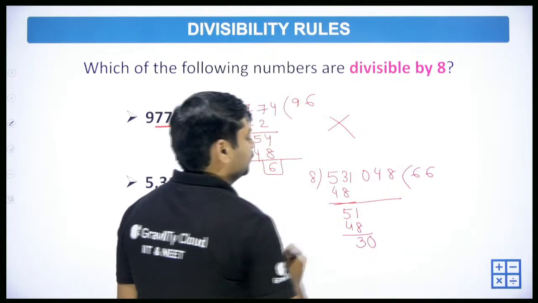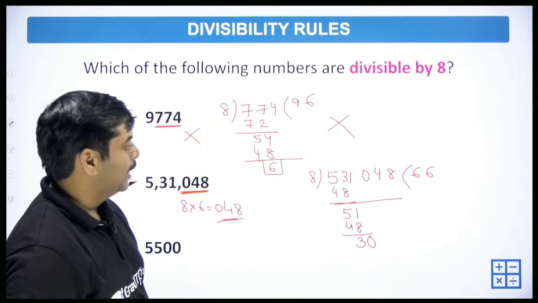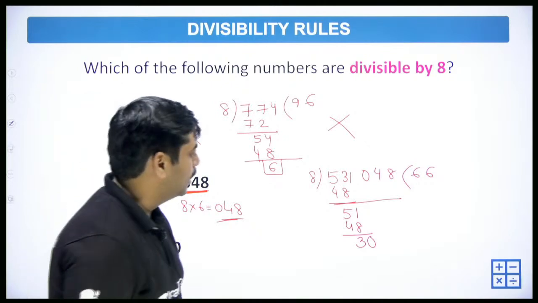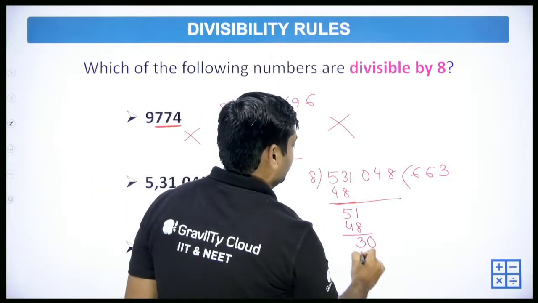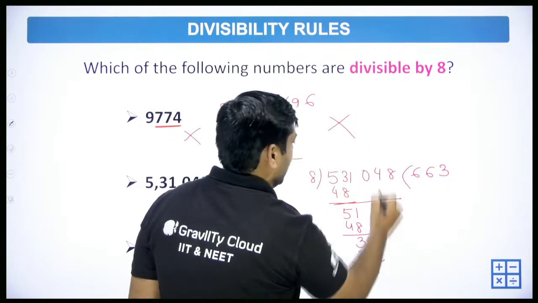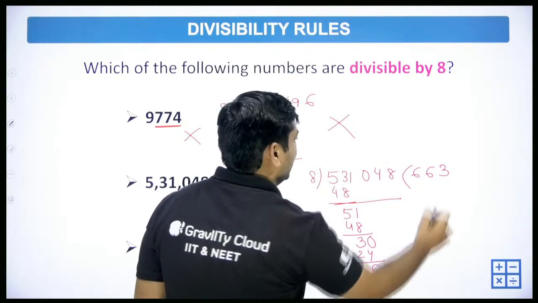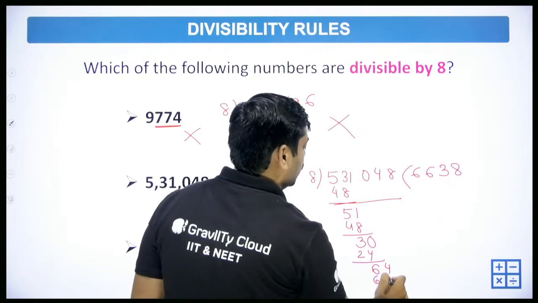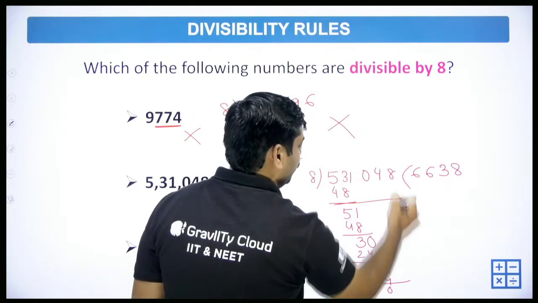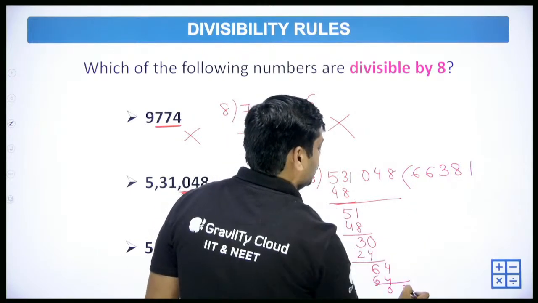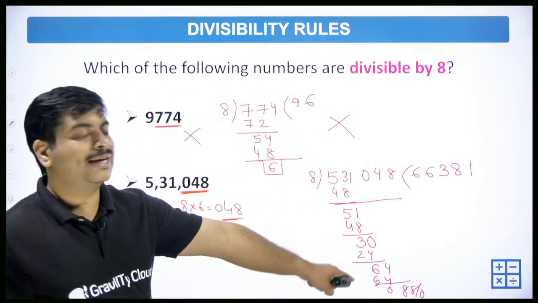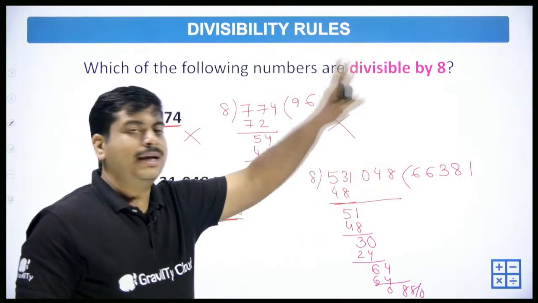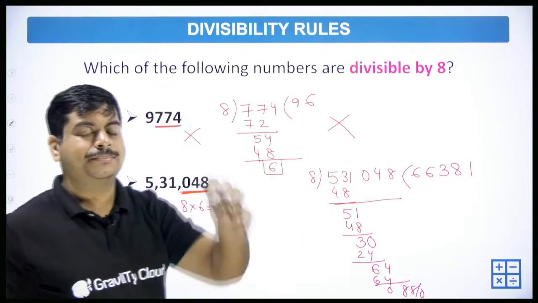Now it is 30. 8 3s are 24. So we are left with 6. And then we have 4. 8 8s are 64, 0. And then we are left with 8. 8 1s are 8, and we get the balance 0. Yes, we got the remainder as 0. So we can say that it is exactly divisible by 8.